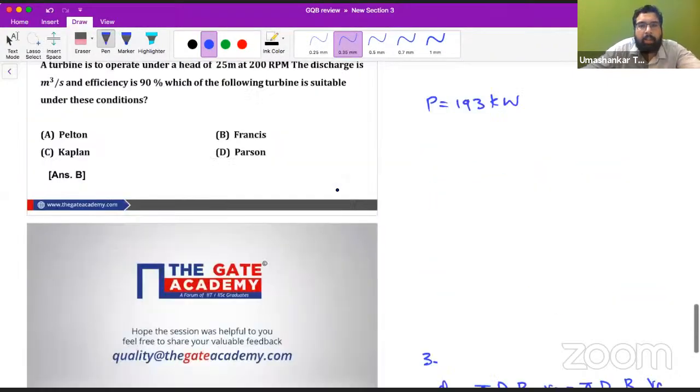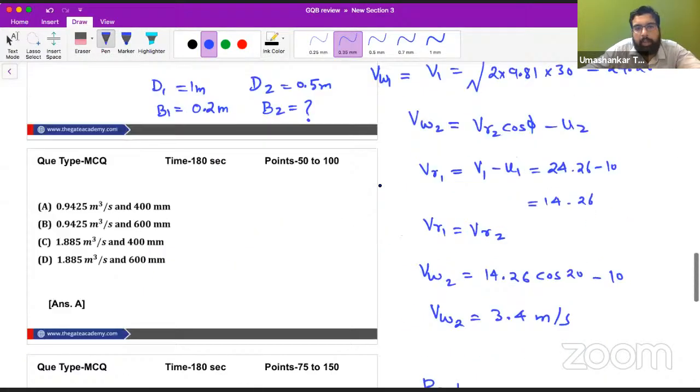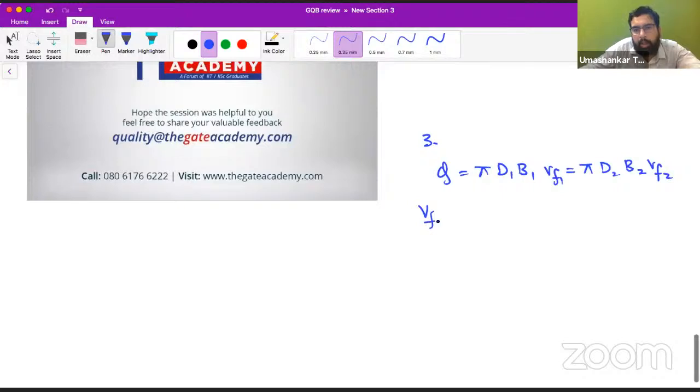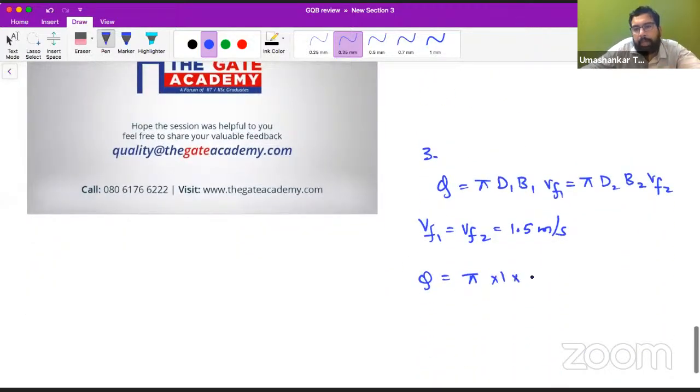This is the discharge. In this question, we are given the velocity of flow, that is Vf. So we know Vf1, Vf2 both are same, and that is 1.5 meter per second. So we can find the discharge by putting all the values. D1 is given as 1, B1 is given as 0.2, and this is 1.5.